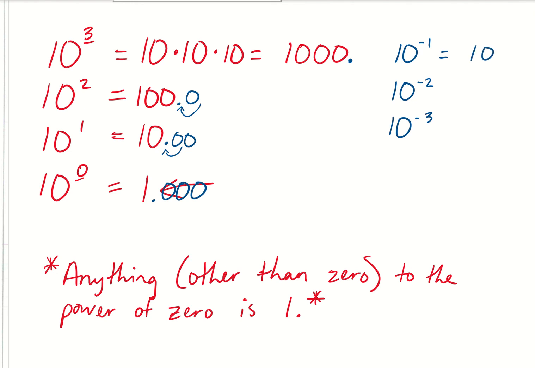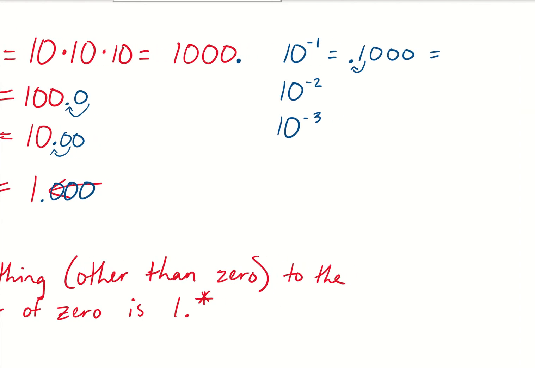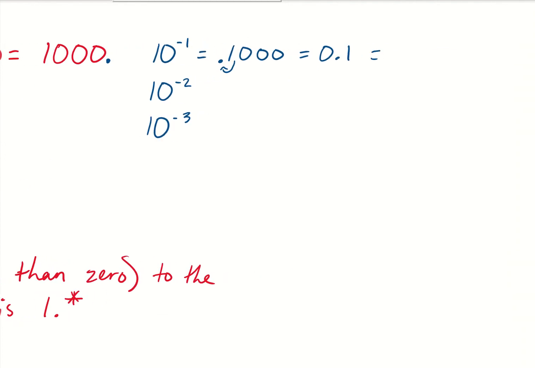We've got 1, 0, 0, 0. It was here, now it's going to jump here. So that will give us 0.1, and if you write that as a fraction, that gives us 1/10.